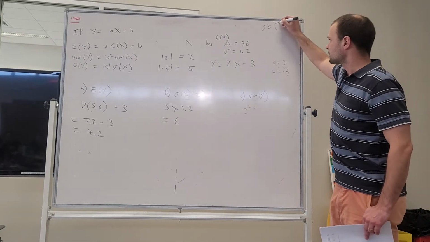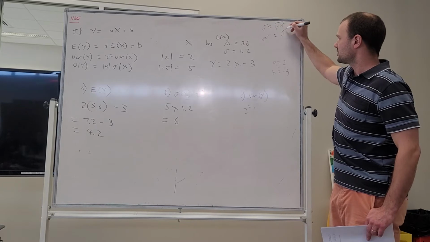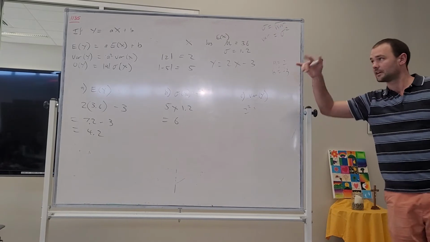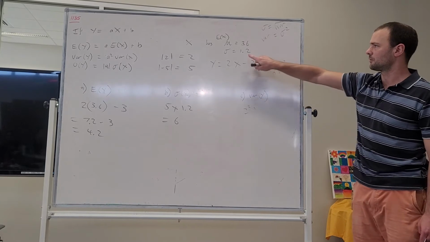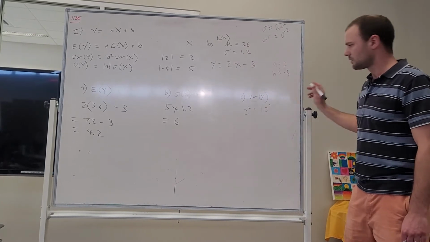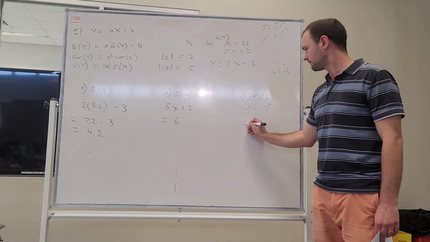Standard deviation is the square root of your variance, and variance is the standard deviation squared. So we don't need to explicitly isolate the variance, we can just create it from the standard deviation here. Times 1.2 squared. We'll evaluate that.